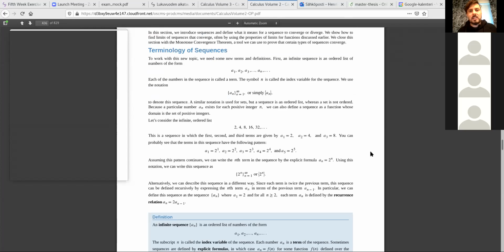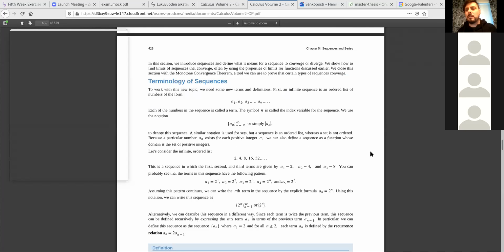So what is a sequence? A sequence is basically consecutive numbers, a1, a2, a3, and so forth. We think of this as a list that continues into infinity, in the sense that you have an infinite number of these. It is possible that from some index n forward, it's just one same number, like 1, 1, 1, 1, and everything is 1.